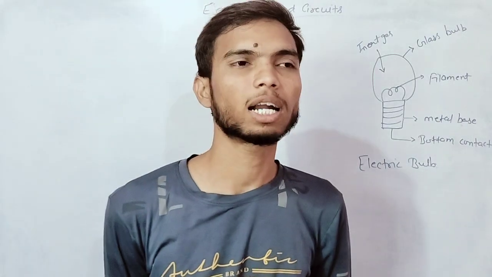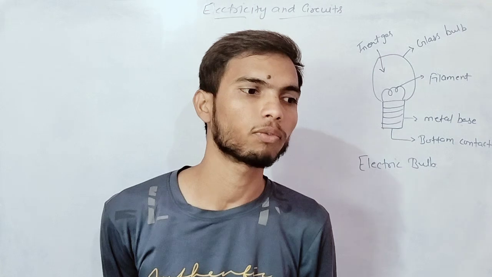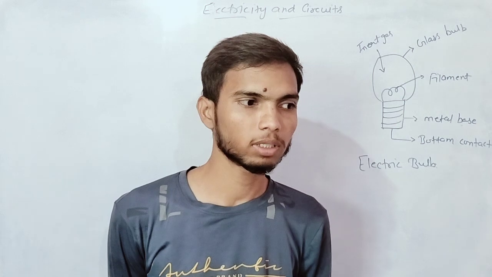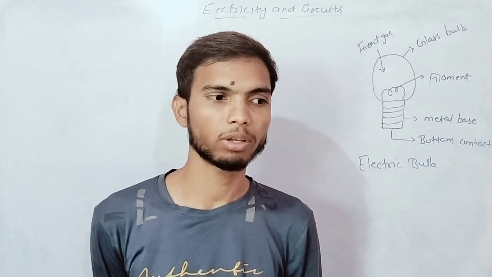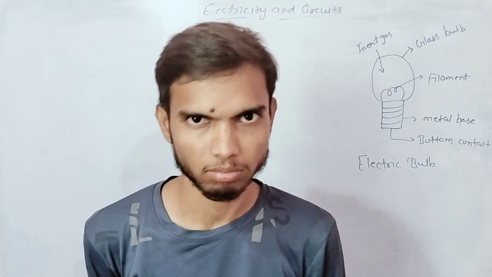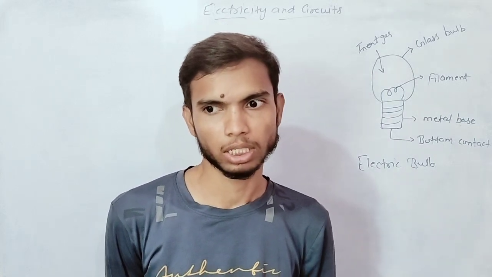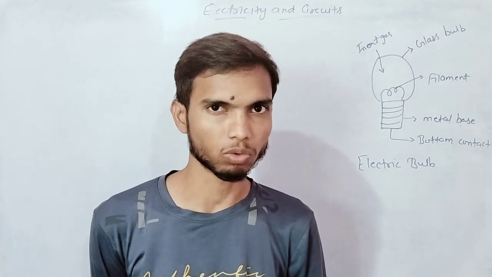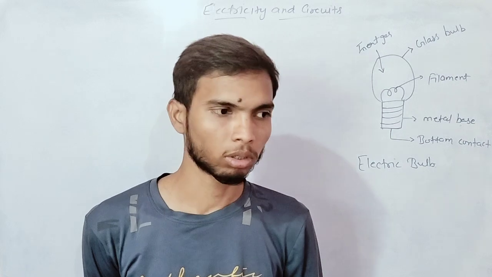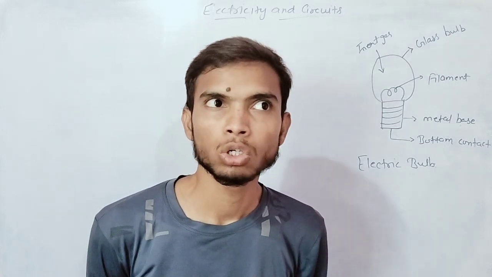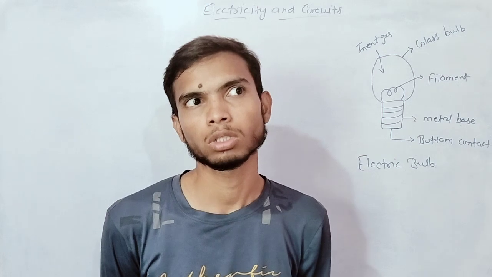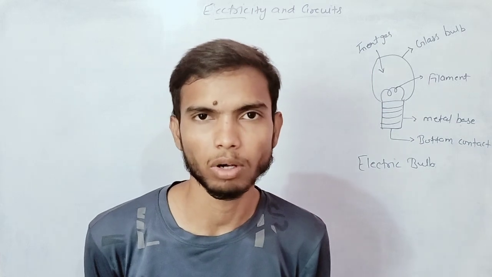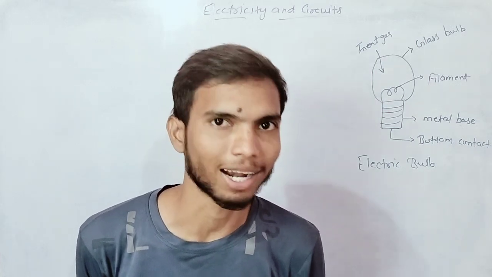So that electric bulb which provides yellow light consumes very high energy. That bulb heats up very soon and a lot. So that's why today we are applying a bulb which provides white light.